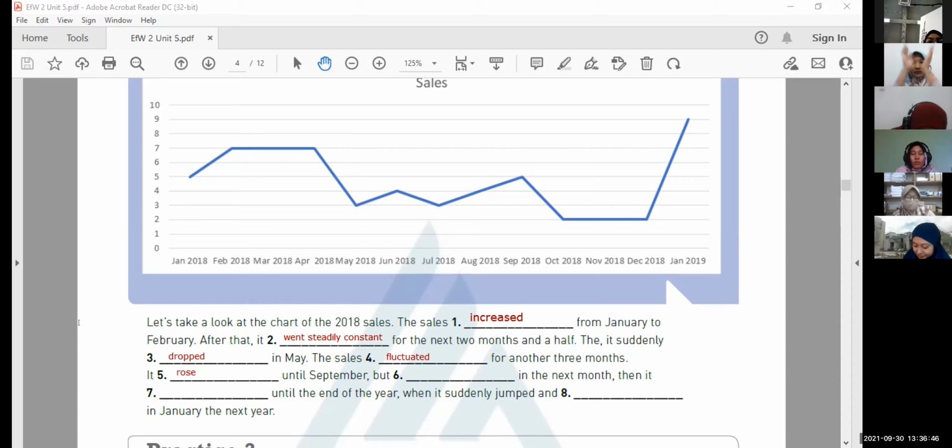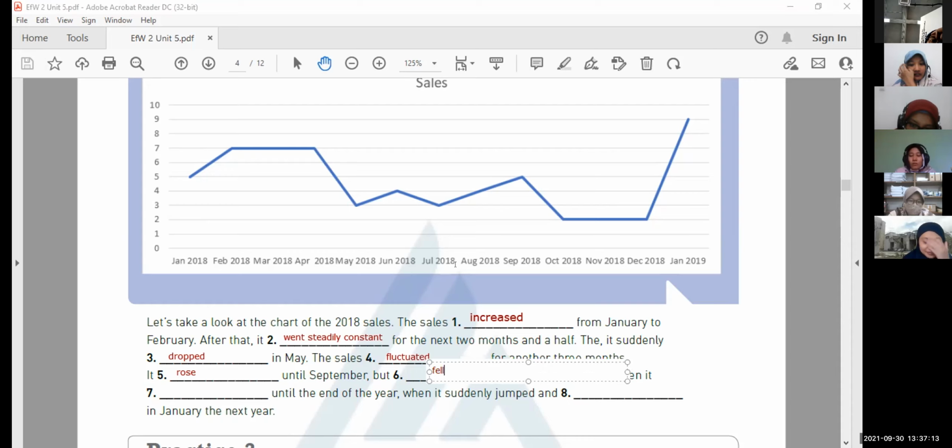It rose until September, but fell in the next month. Very good. Fell, because she explained that after September, the October sales went down.